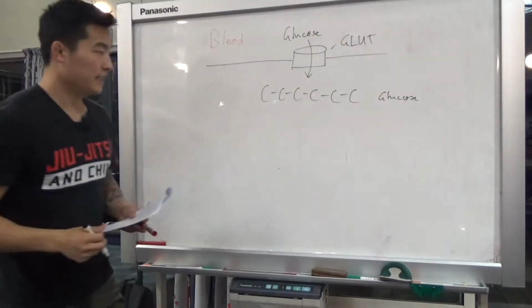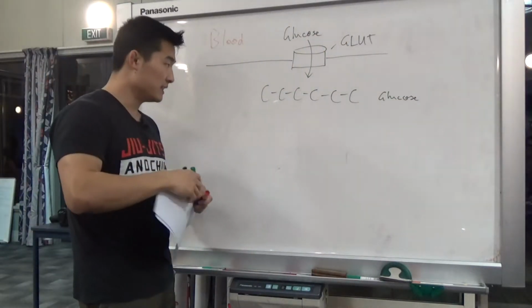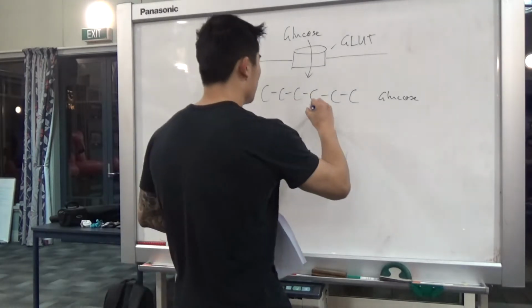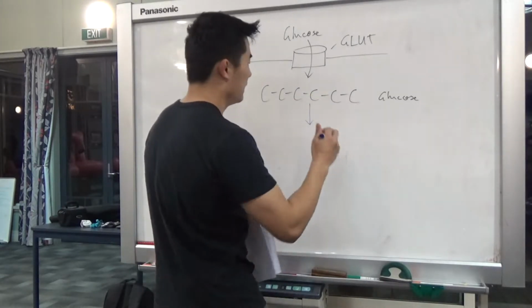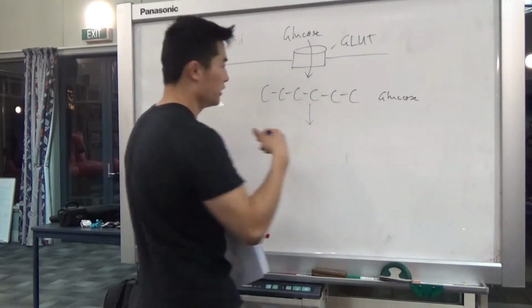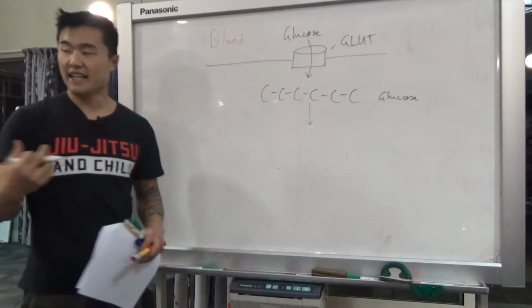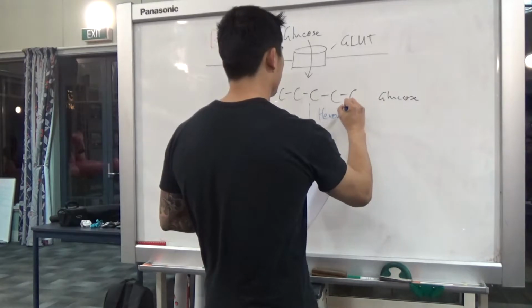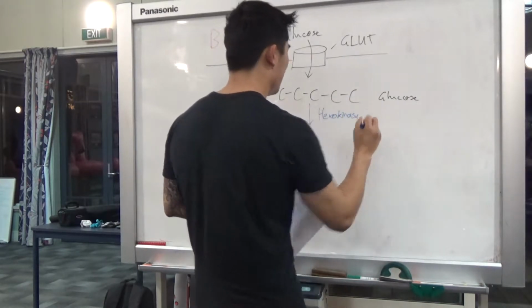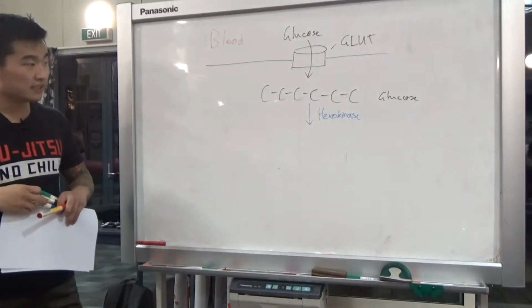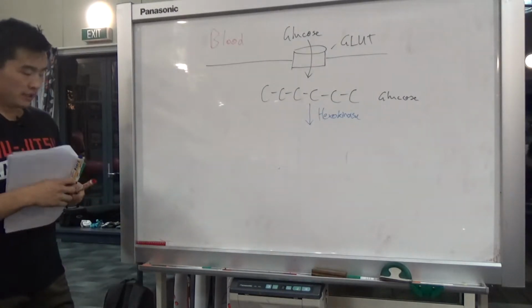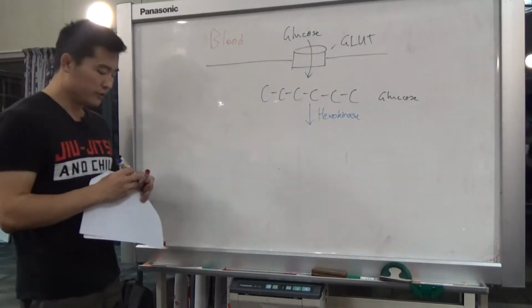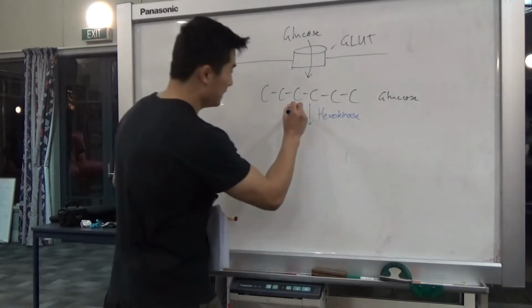Okay, and then the first thing that happens is it's going to be picked up by hexokinase. So this here is catalyzed by the enzyme hexokinase, and it's going to use up an ATP.